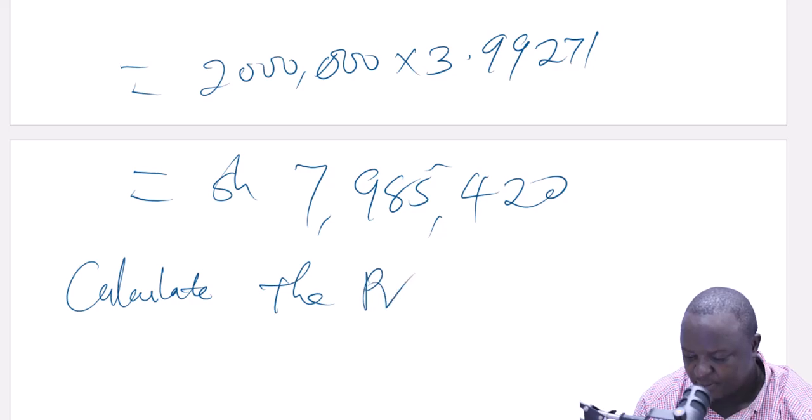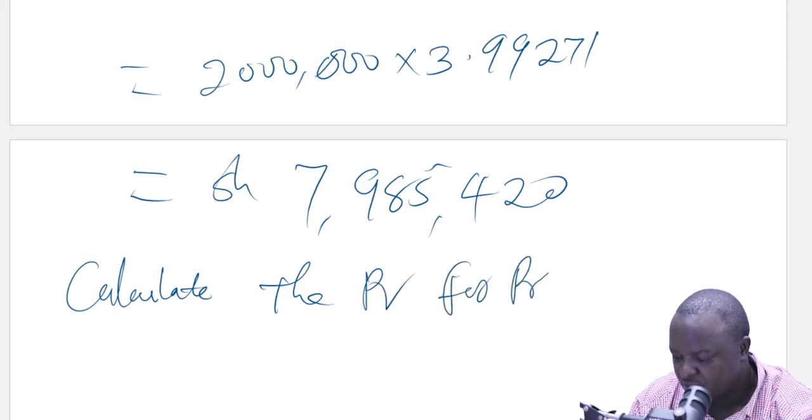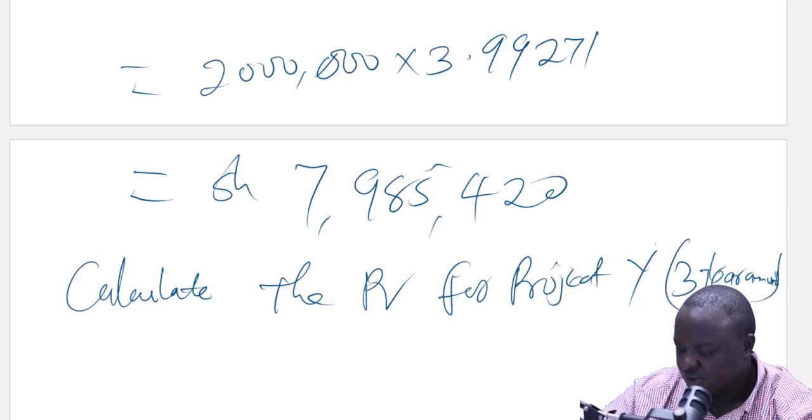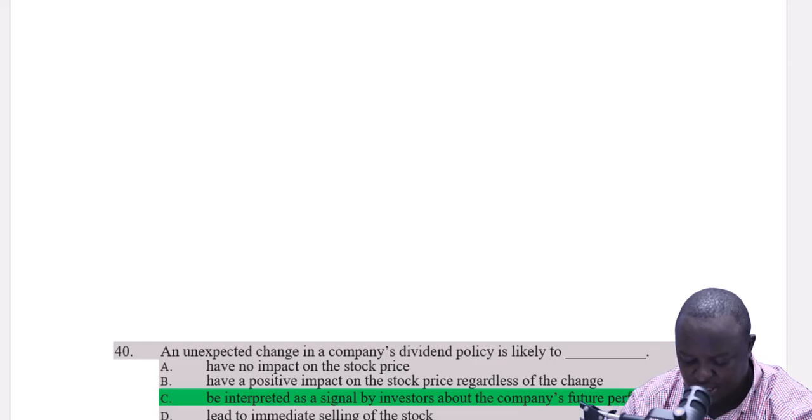Now number 2, let's calculate the present value for project Y, that is a 3-year annuity. So we are going to do it just like we have done the other one.